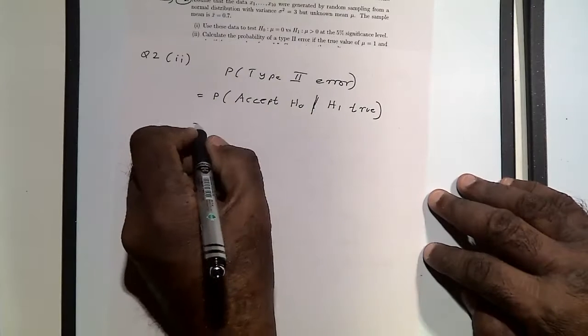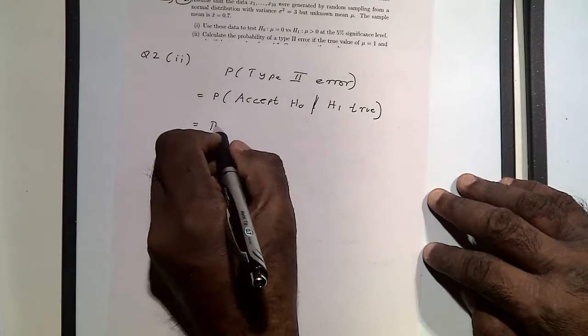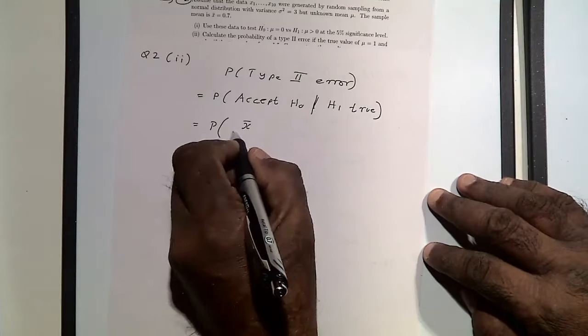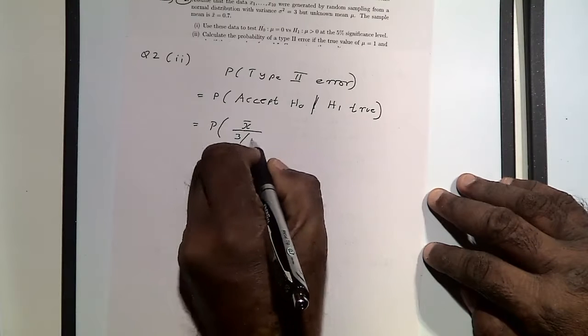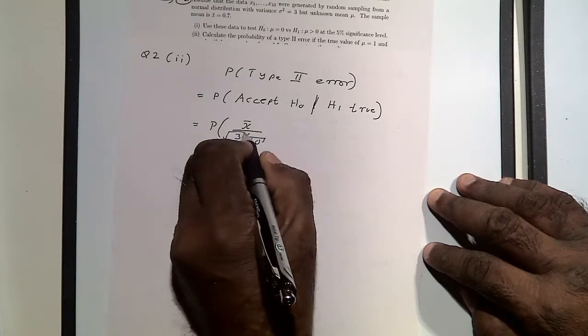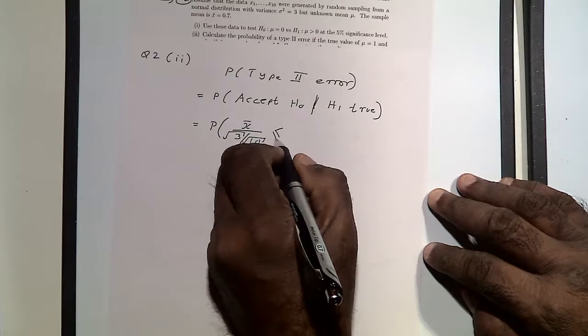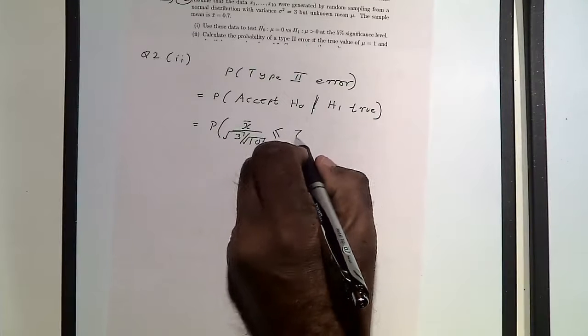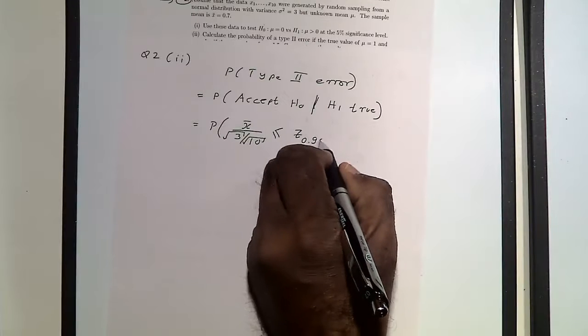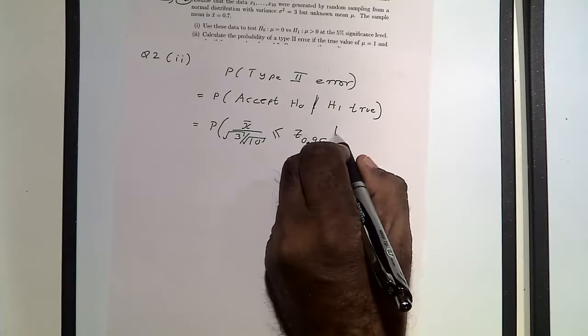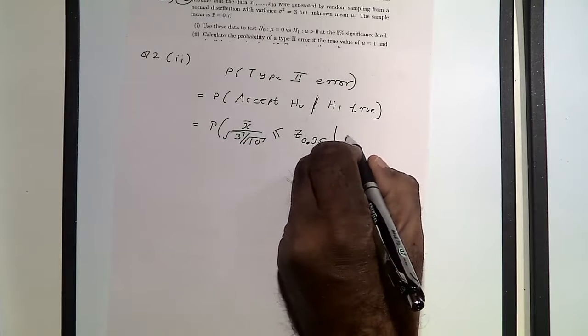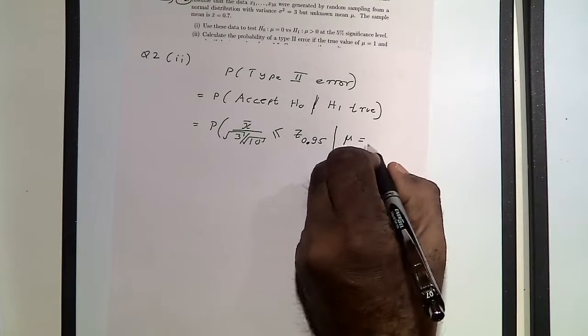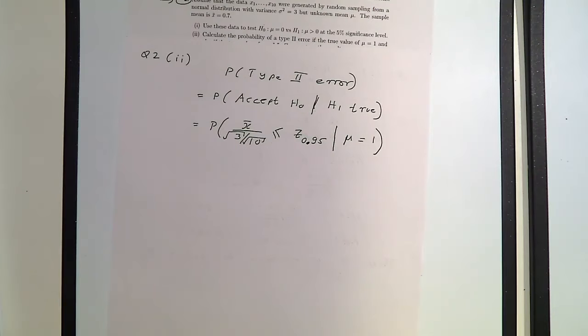In other words, it will be x bar divided by, given H1 is true. Let's take mu to be 1. We can do it similarly when mu is 1.5. So this is the rule.